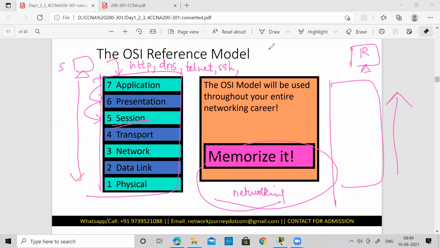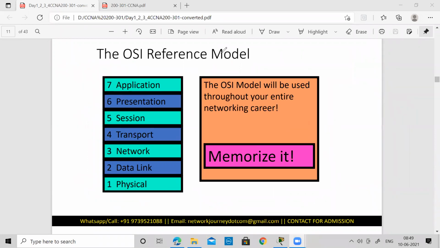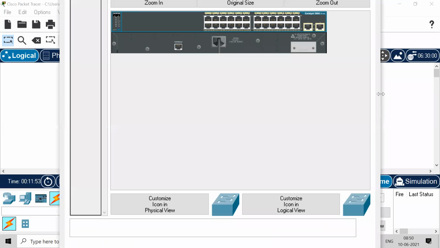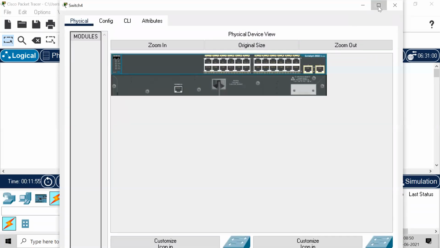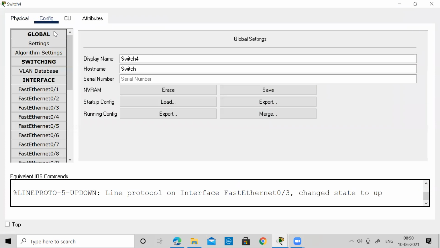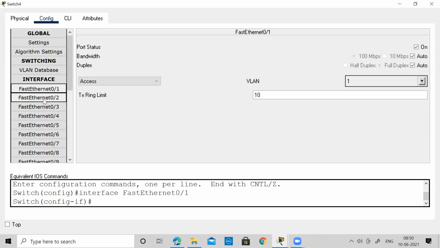I'll show you what I was talking about, half duplex and full duplex, in the Packet Tracer also. When you take up any of these devices, say I pick up this switch, which was already there. Inside that, when I get into the config tab and into these interfaces, there were 24 ports in the switch. When I get inside this interface, something which I see is this duplex information.